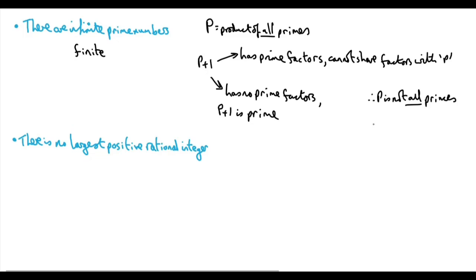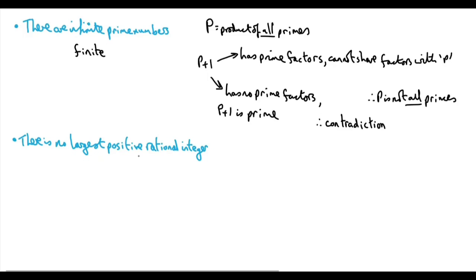So again, we get back to this conclusion that P is not all primes. Therefore, in either case, P does not fit its own definition. P cannot exist. Therefore, we have a contradiction. There cannot be a greatest prime, because you shouldn't be able to multiply all of the prime numbers together.